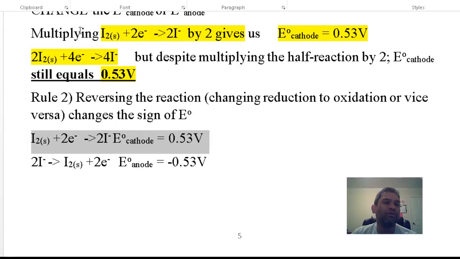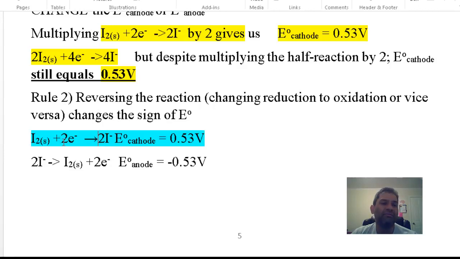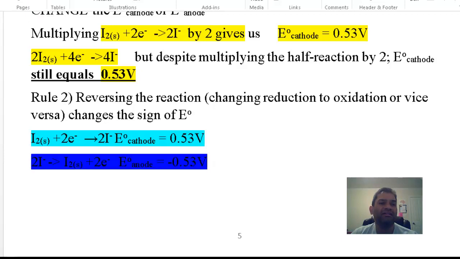So multiplying this by 2, 3, 4 will keep the reduction potential the same. Same rules as before, rule number 2. This is an oxidation, this is a reduction half reaction. You can see the electrons are on the reactant side. We flip it to have the electrons on the product side, making it oxidation. We flip the sign.